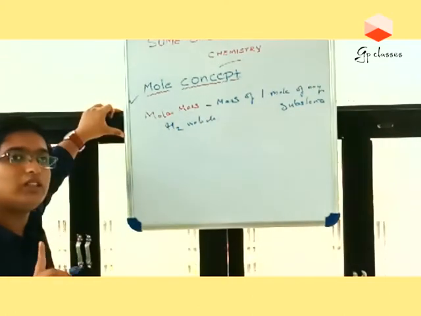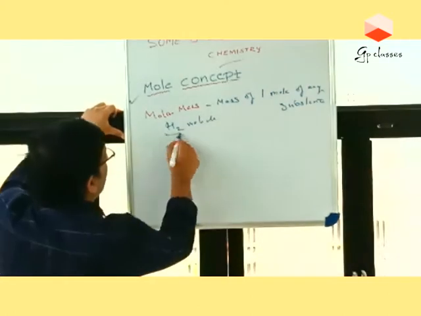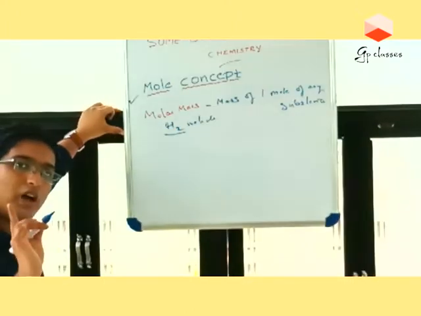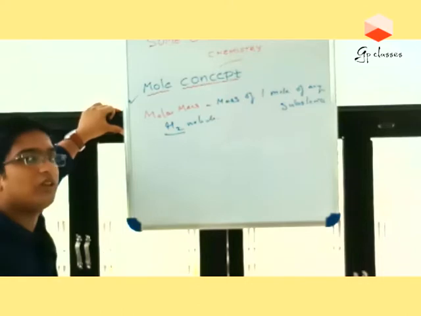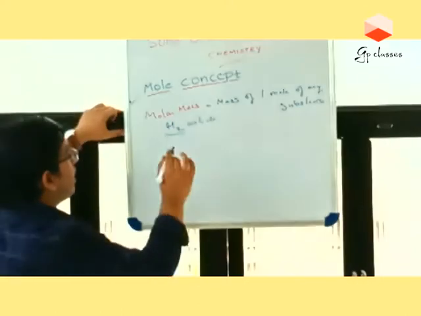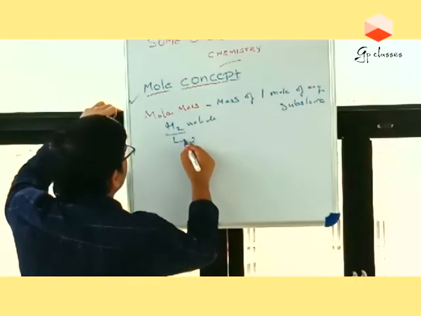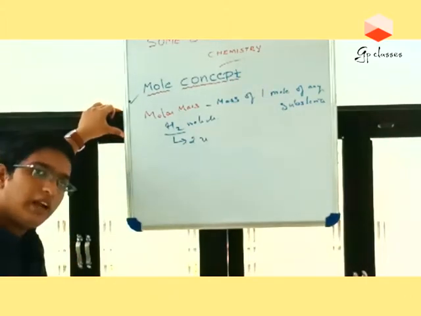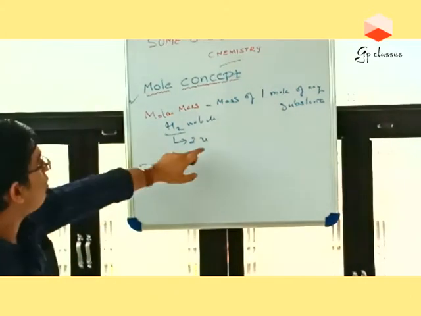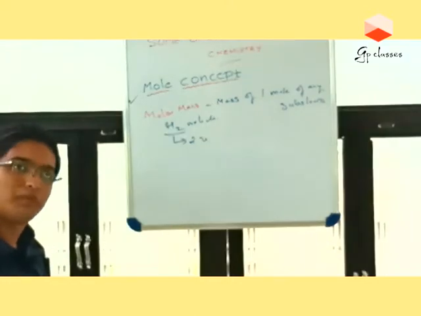What is the mass of a single hydrogen molecule? The mass of an H2 molecule in unified atomic mass unit is 2 u.